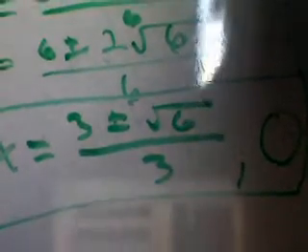Usually if it's a polynomial to the 4th power, there would be 4 answers, but since one of the answers would be plus or minus 0, it's just 0. So you have the answers right here: x equals 3 plus or minus the square root of 6 over 3, and 0. So that is how you would go about solving a polynomial equation to find the roots or the zeros for that particular function.